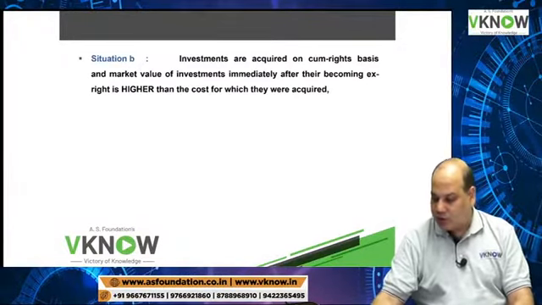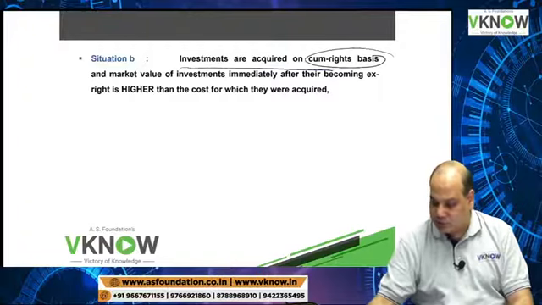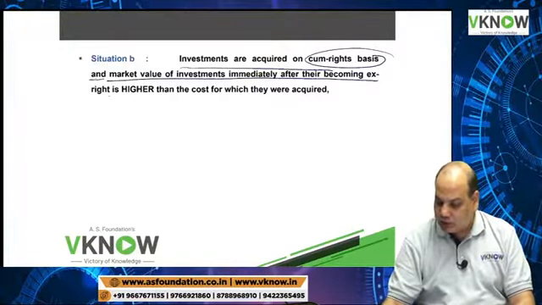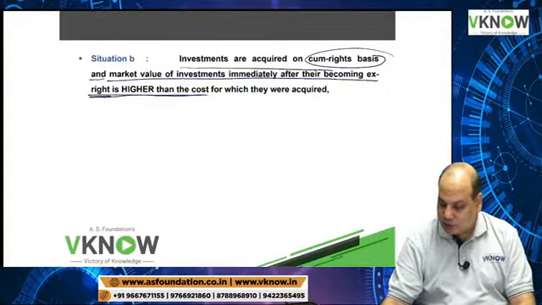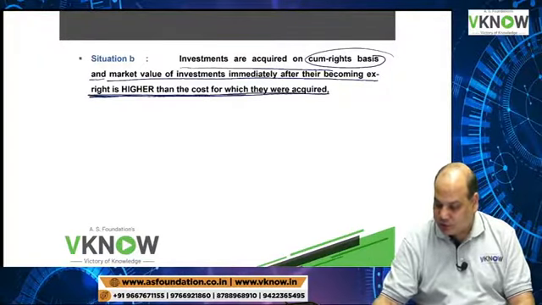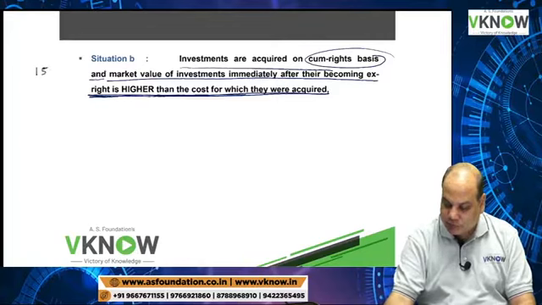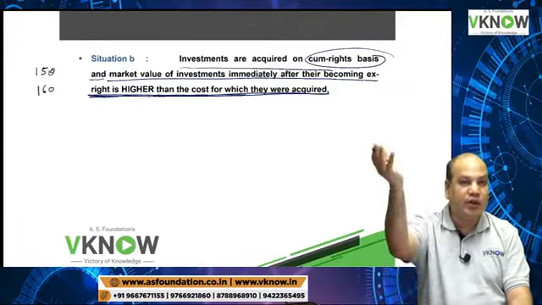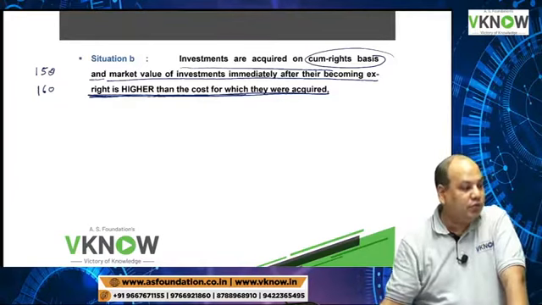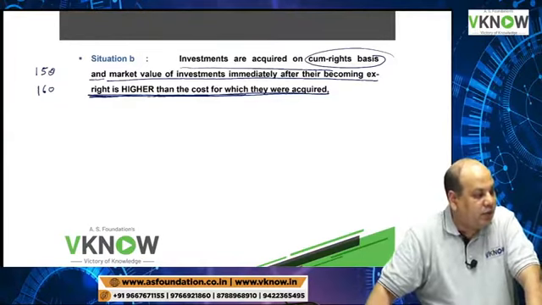It says that investments are acquired on cum-right basis, but the market price becomes higher than the cost for which they were acquired. Means shares are purchased at 150, but the market price becomes higher than the cost.